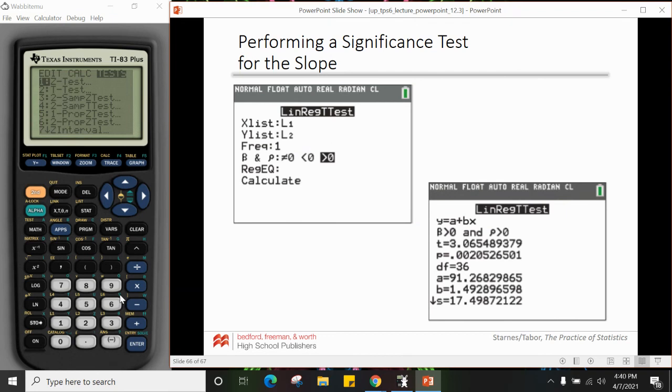All right, let me show you this on the calculator really quick. And my buttons are going to be wrong because I'm doing the data from the previous one. The linear regression test, if you didn't see how I got there: Stat, test, linear regression test. Boom.